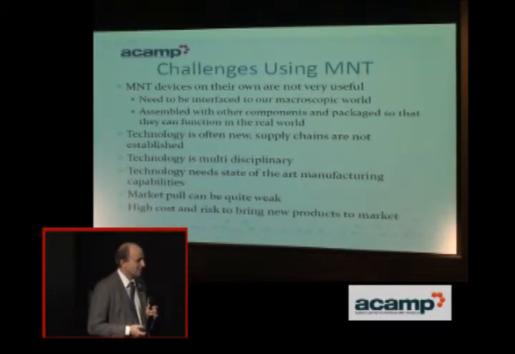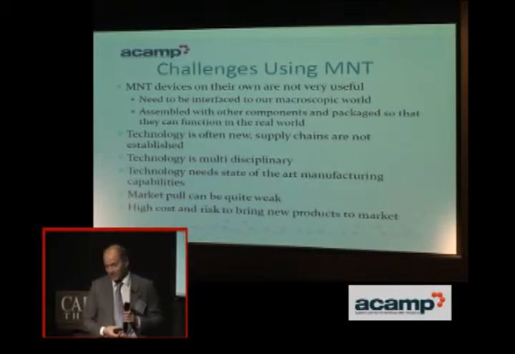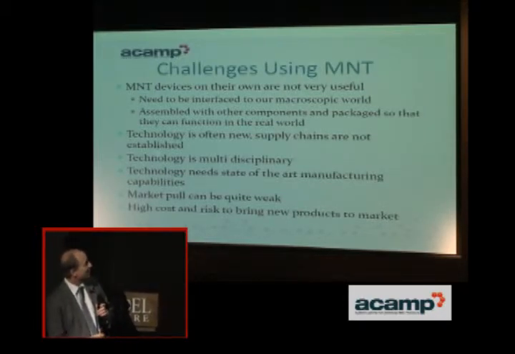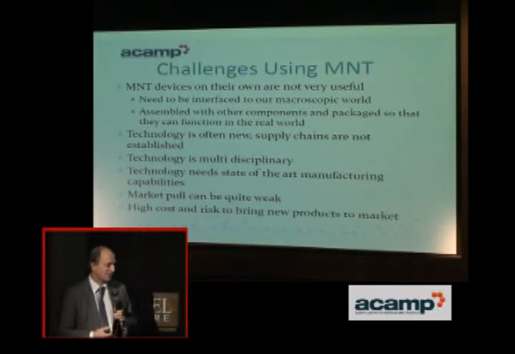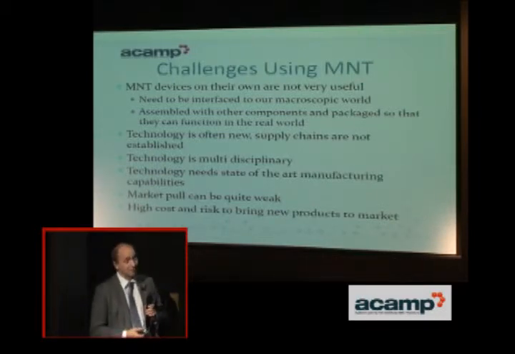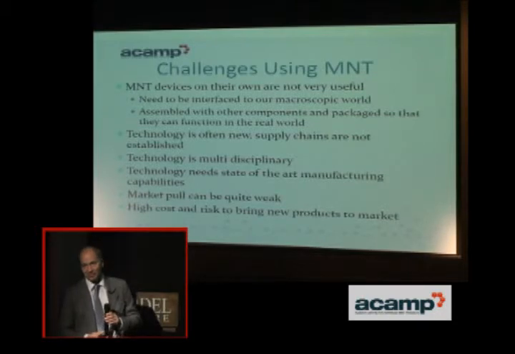Micro and nanotechnology is great, but when you actually practically try and take it to the market, there are quite significant challenges. As we've pointed out, micro and nanotechnology devices on their own are not very useful. They have to be assembled into something that actually works in our macroscopic world. Technologies are often very new, and many of the supply chains for these technologies are not established.